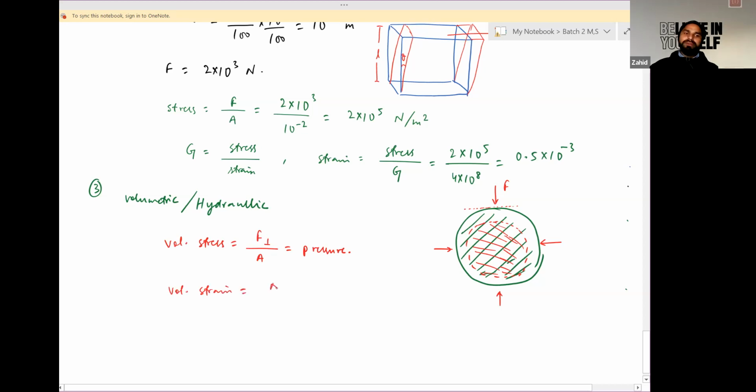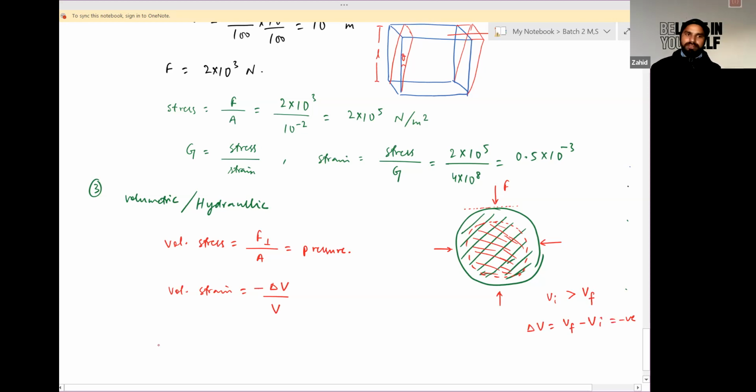So it will equal change in volume divided by initial volume. Since initial volume is greater as compared to its final volume, change in volume equals V final minus V initial. So it will be negative. So here we'll have a negative sign.